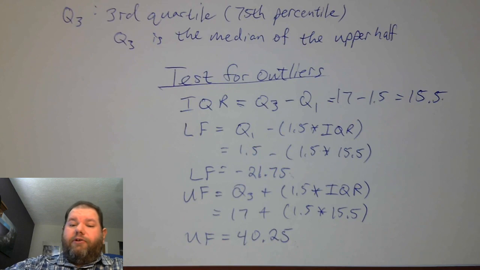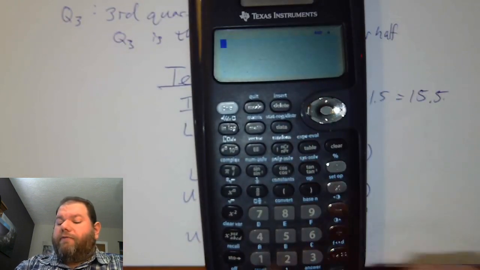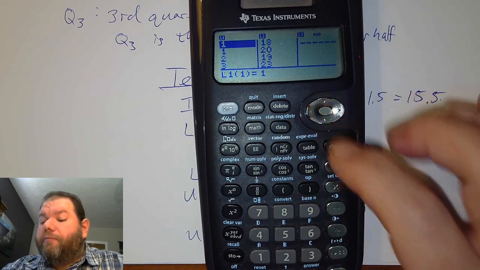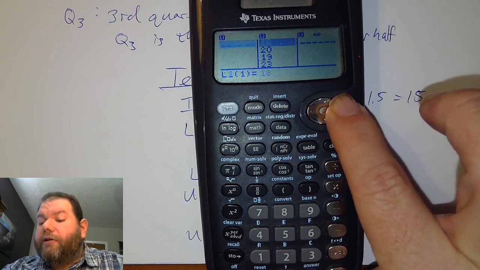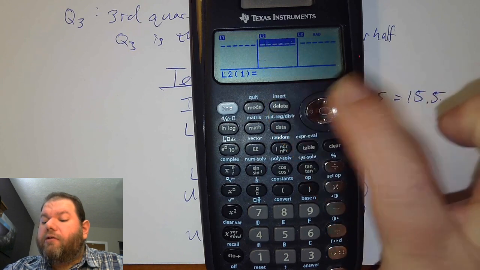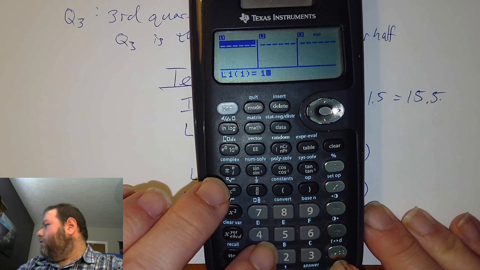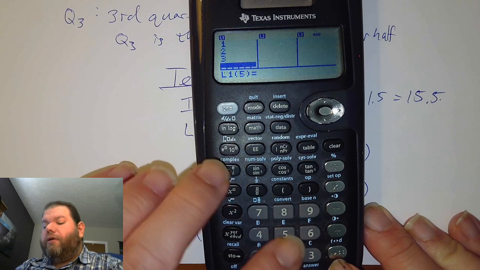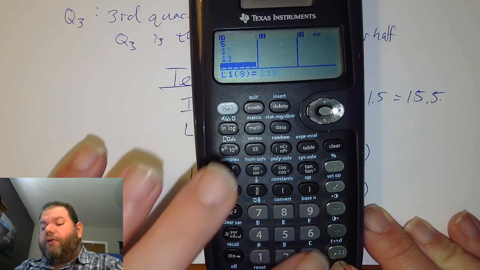Now, certainly if we go into the calculator and we enter all of our data values, I'm just going to clear everything. Okay, so we have 1, 2, 3, 5, 8, 13, 21, 34.